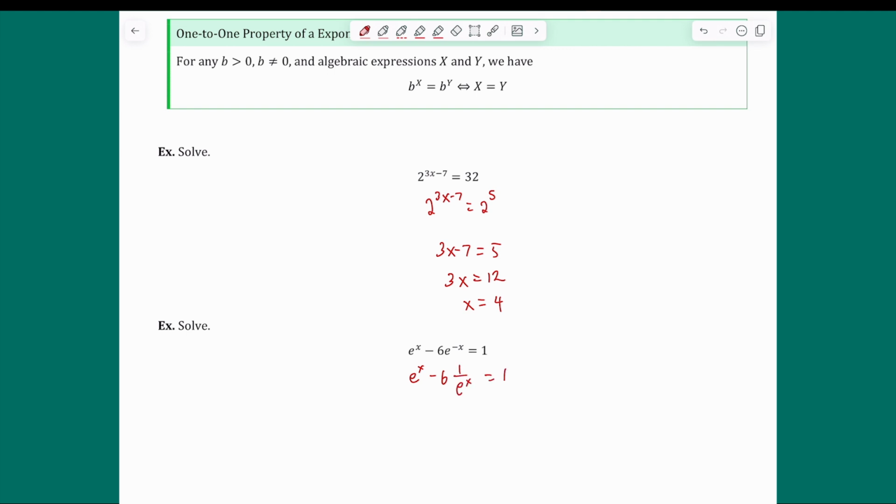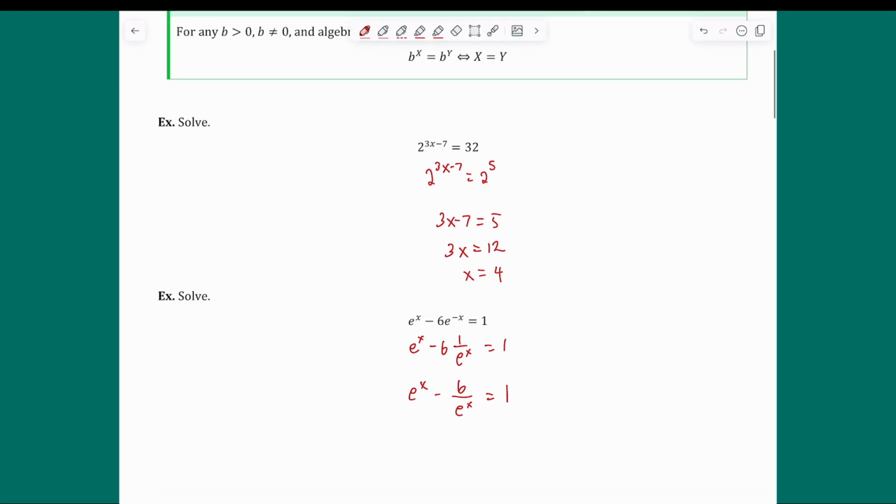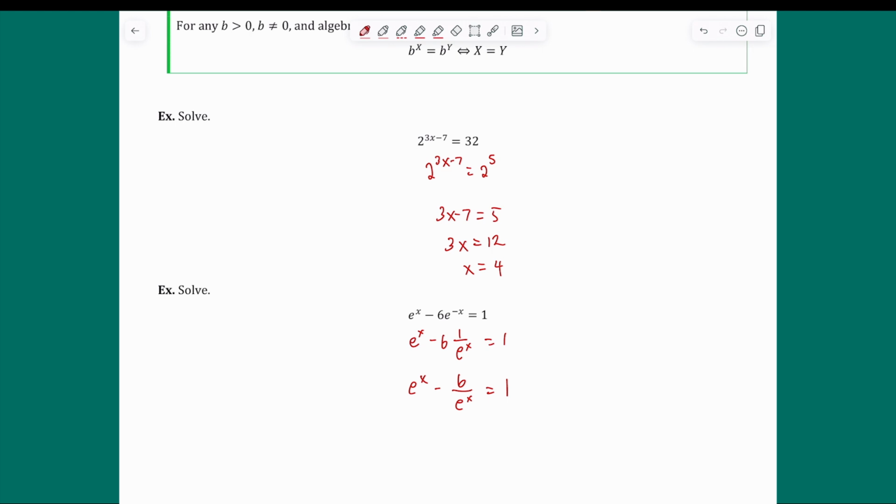So this is just e to the x minus 6 over e to the x equal to 1. This is somewhat of a rational equation as well, because we have a fraction. And so I like to build up my fractions so they have a denominator of 1.